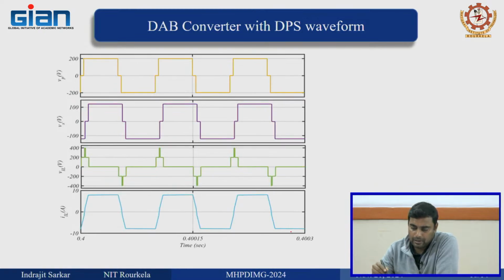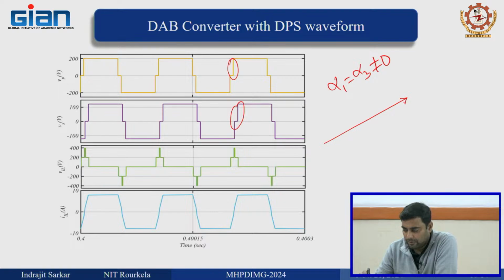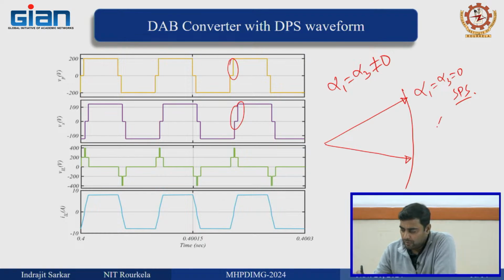Then in DPS, alpha 1 equals alpha 3 not equal to 0. So, these internal phase shifts are there for both the bridges. This is alpha 1 equals alpha 3 equals 0 for SPS. In DPS what we do is we introduce some delay.